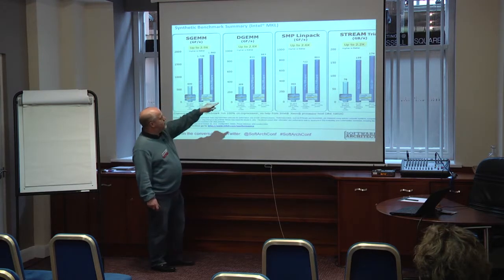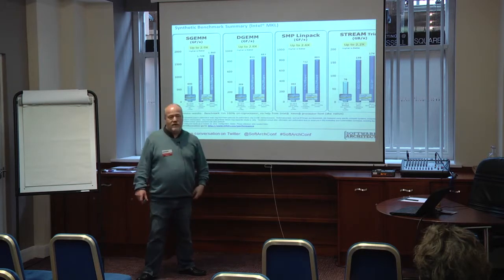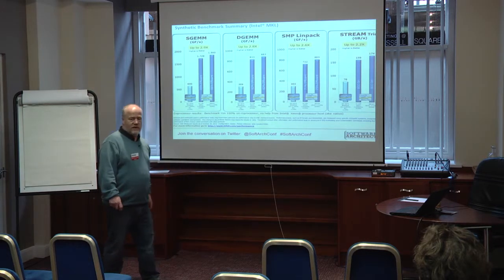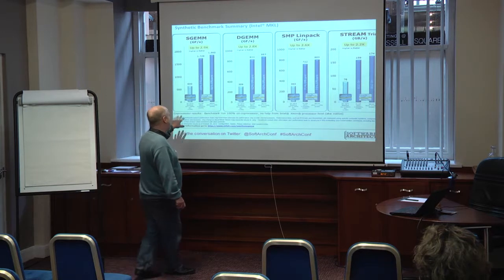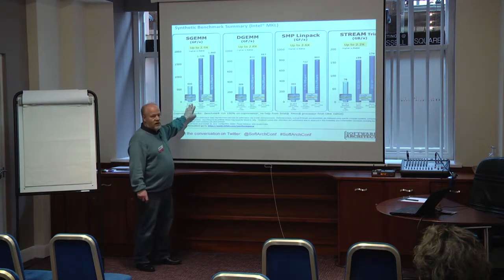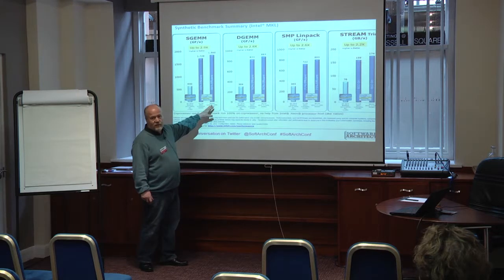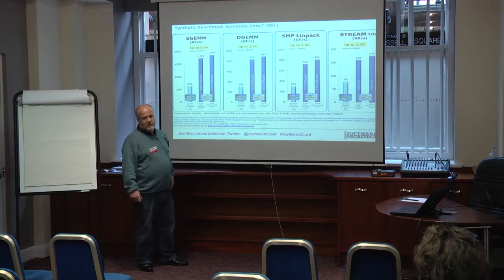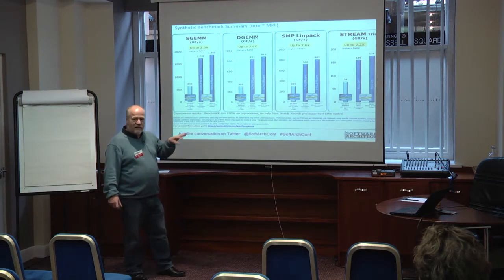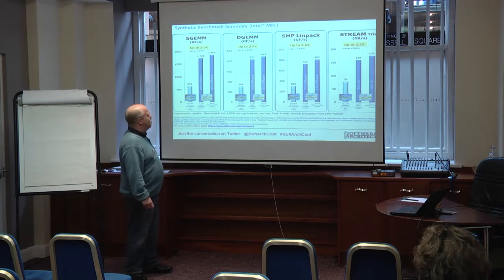For all of these, you can see that the speed up is between 2 and 3. What we're comparing is a piece of code running on a 2-socket, 2.6 gig server, so there are 2 processors on there, versus a Xeon Phi, which is running at 1 gig. So that's the sort of speed up that one would expect.